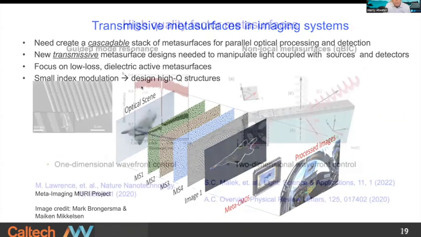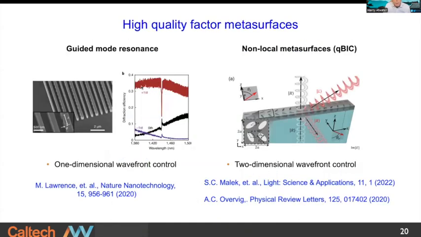So high Q structures have been investigated by a number of groups, including the Dionne group, here shown in 2020, a guided mode resonance structure that was reported with a Q over 1,000. This is a fixed or so-called passive guided mode resonance structure, which guides in one dimension.